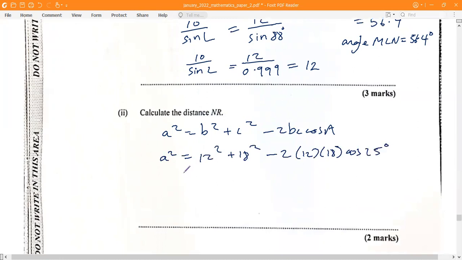We want to simplify the right-hand side of this equation. 12 12s are 144 plus 18 times 18 is 324. 2 times 12, 24 times 18 is 432. And cosine 25, to three decimal places, is 0.906.